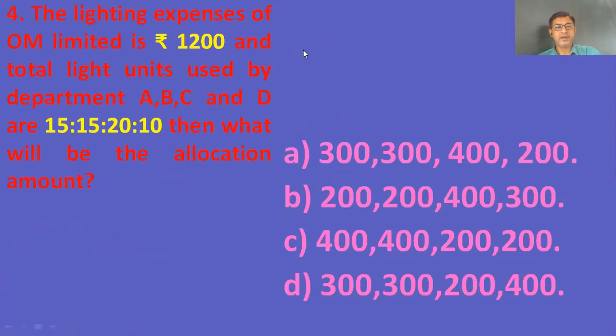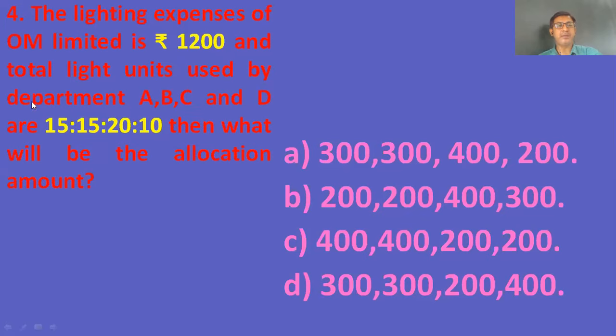Now how will this 1200 be allocated? Sir, it will be allocated on the basis of the ratio given as per the departments. So let us make the total of it. 15 plus 15 plus 20 plus 10, the total weight is 60. So 1200 divided by 60 will be 20.